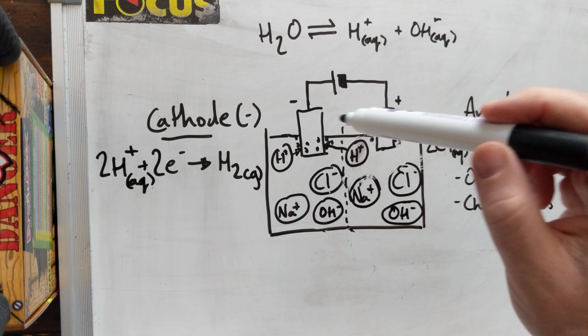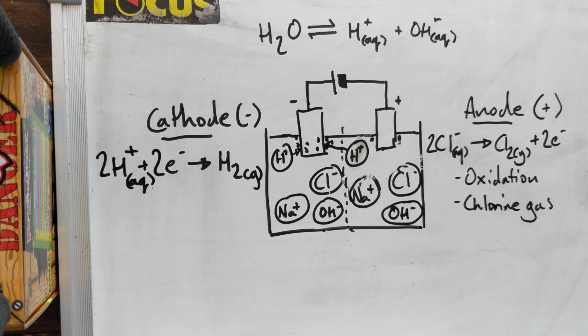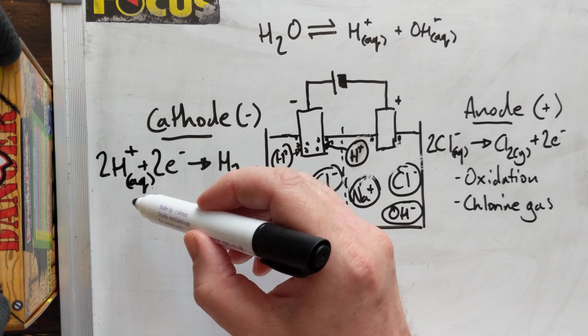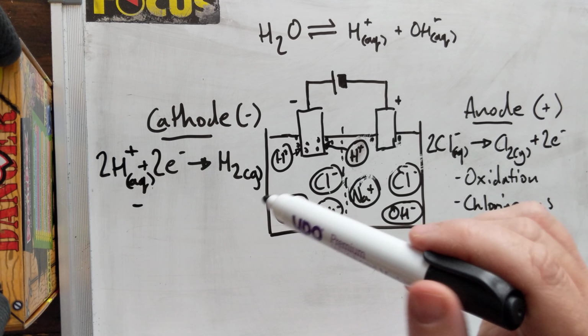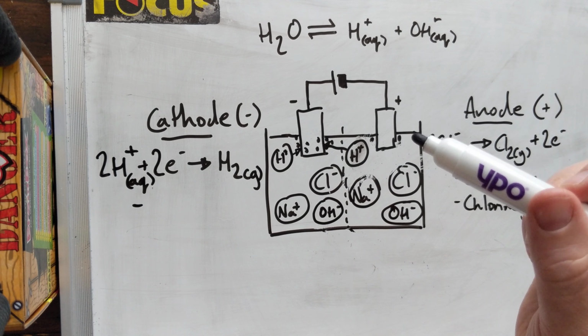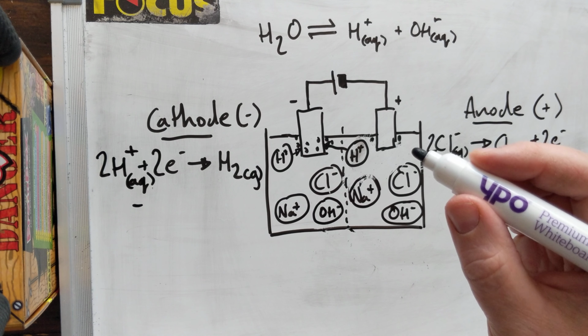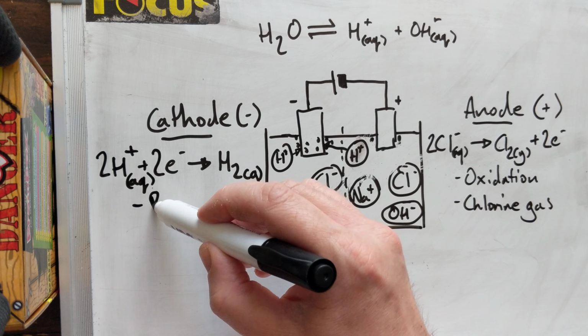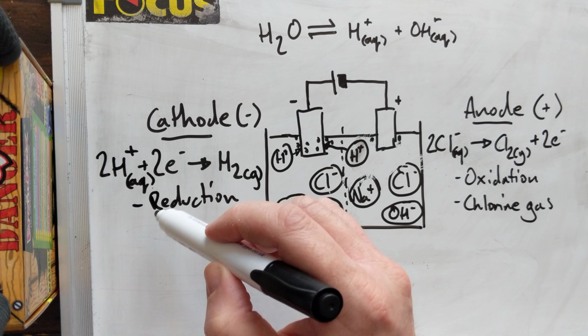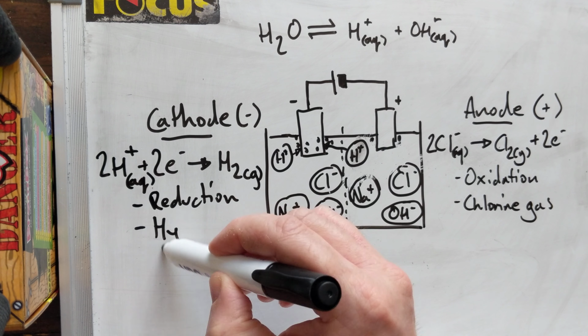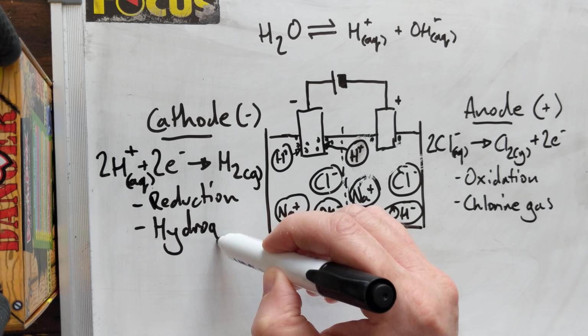Okay, so we can collect hydrogen, we can collect chlorine gas, and they're two useful products. So here, if we've got 2 electrons being gained, we'll remember from OIL RIG, reduction is gain. So we've got reduction going on here, and we've got hydrogen gas being produced.